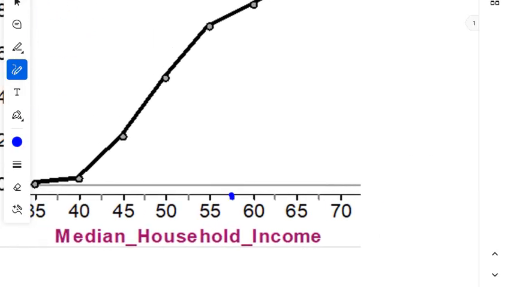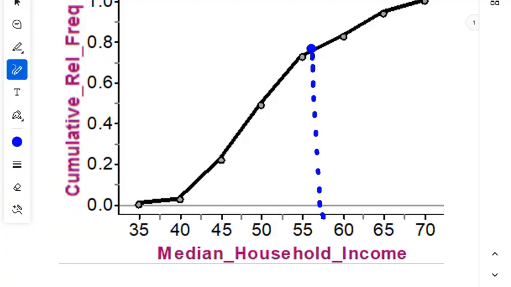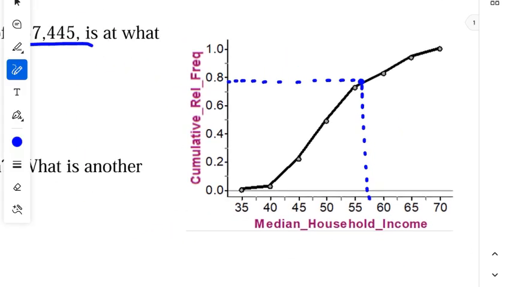So let's look at median household income. Let's go to 57. So this would be 57 and a half, so it'd be a little below. So I'm going straight up. So it's right here. So let's see what relative percentile that would be. Looks like 80th, a little bit below maybe.